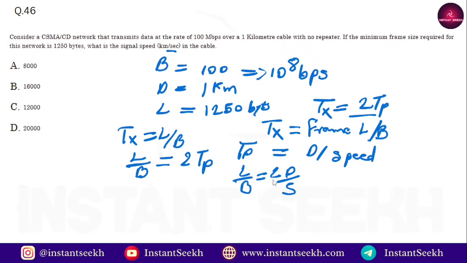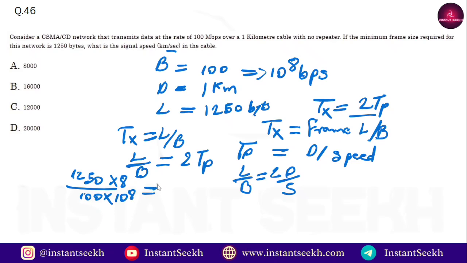So let's cross multiply first of all. Frame length we have 1250, right, into 8, since it is in bytes, we convert it into bits. Now bandwidth, how much is the bandwidth? Bandwidth is given as 100 into 10 raised to 8.